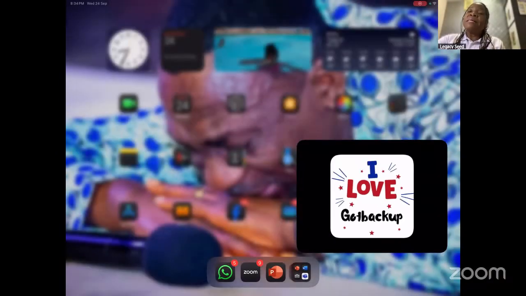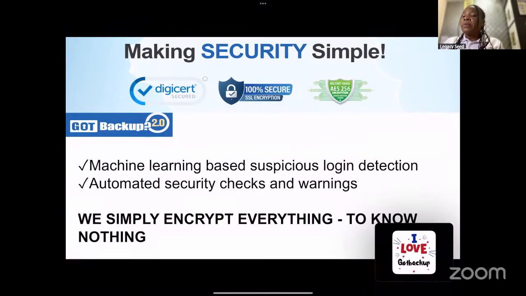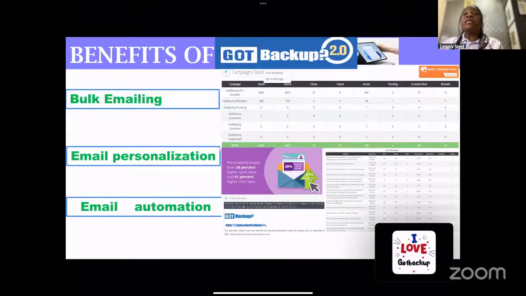I don't remember seeing the server room of iCloud, of Microsoft, of any other organization that deals in cloud storage service. I have not seen it yet, but I've been privileged to see this one. So my heart is at rest. I'm sure that now you are reassured that your data is very much secure.